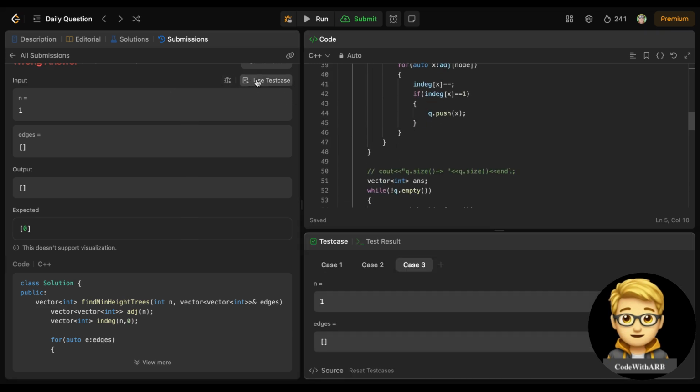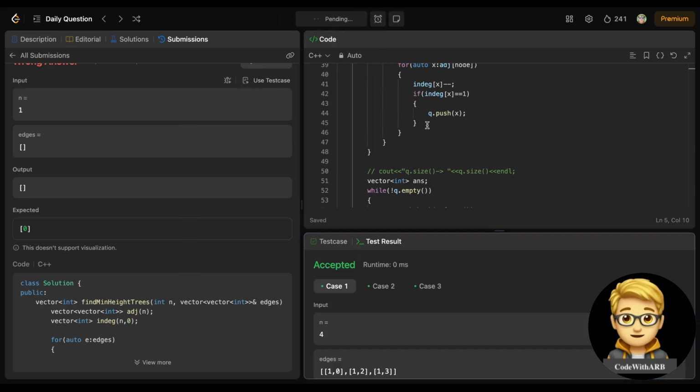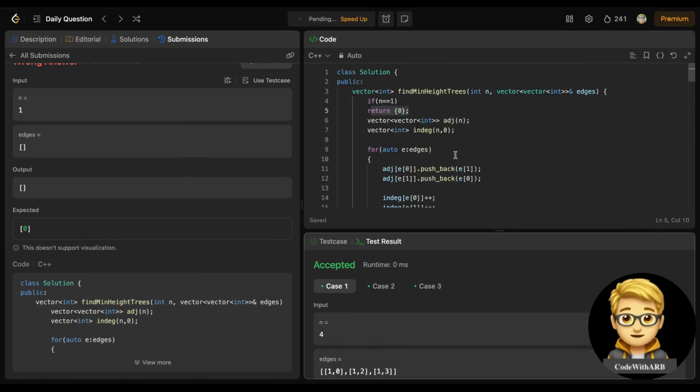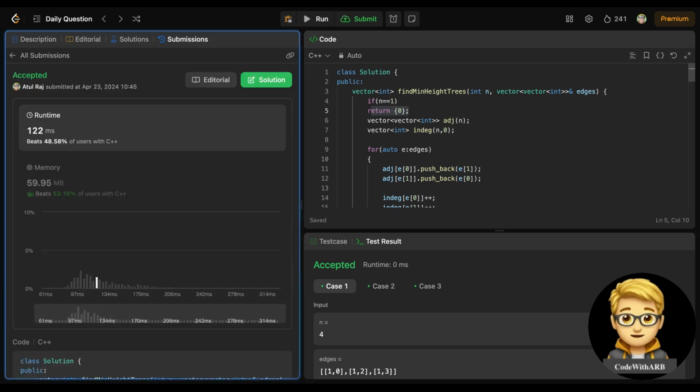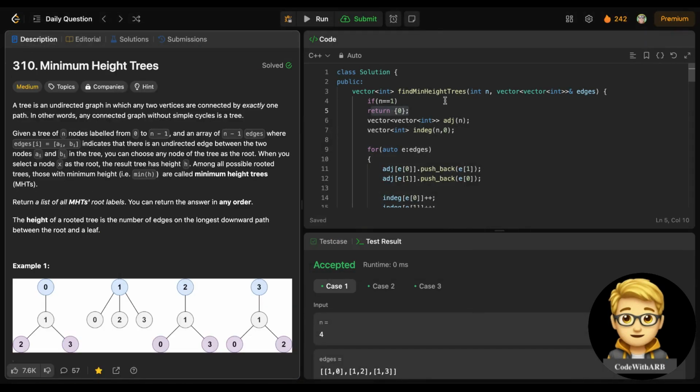So yeah, let's run this again. Submit it. Hope that passes. Yeah, it passed. So we missed the edge case that if there are no edges and only one node is given, then the answer will be zero. Only the root node, and the answer is zero.